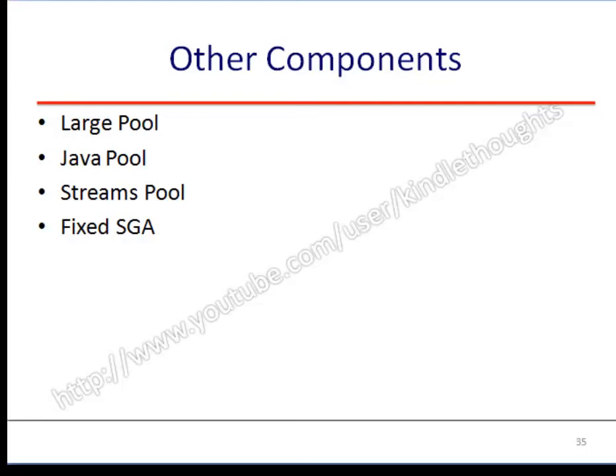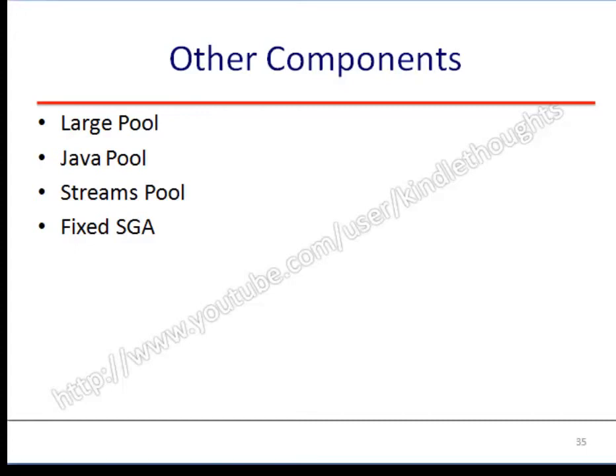In case you're writing a lot of Java code which is stored within the database, then you would need to configure the Java pool. So here we're talking about embedded Java code within the Oracle database. Similarly, if you're using streams to replicate data between databases, in that case you would have to configure the streams pool.